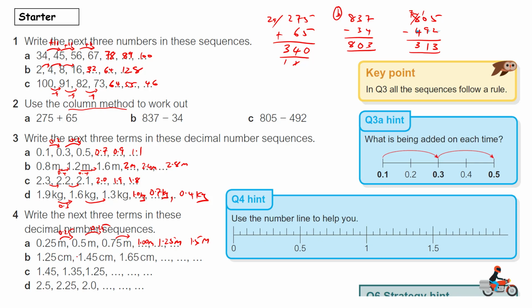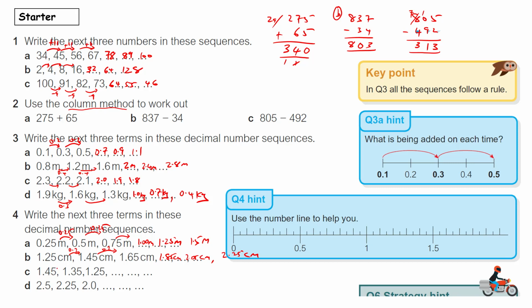B, we're increasing again each time by 0.2. So we're adding 0.2 on each time, so this should give us 1.85, then 2.05, these are centimeters, 2.05 centimeters, and the last one we should have 2.25 centimeters. Run out of room there.